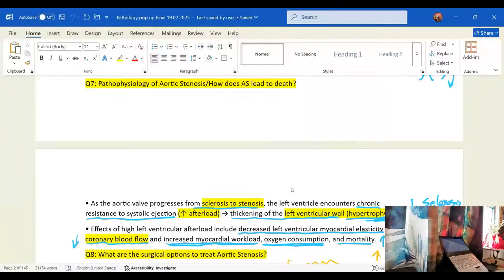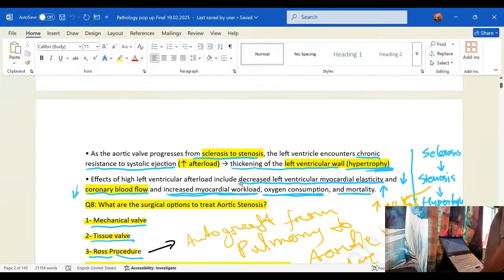As the aortic valve progresses to sclerosis and stenosis, the left ventricle encounters chronic resistance to systolic ejection. It increases afterload, causing thickening of the left ventricular wall, hypertrophy.